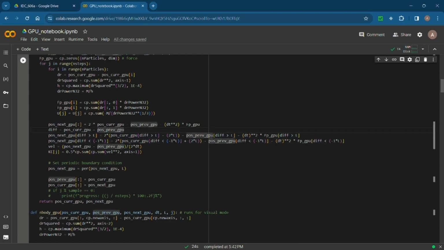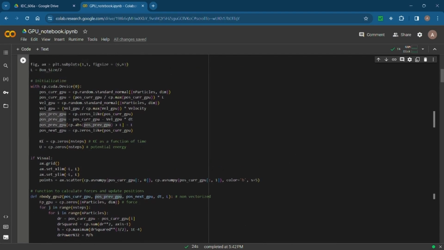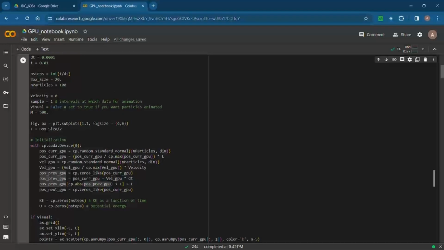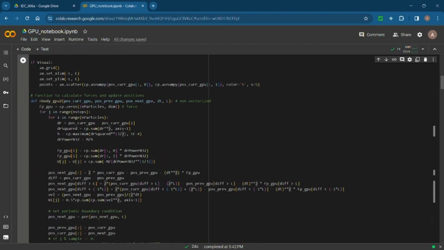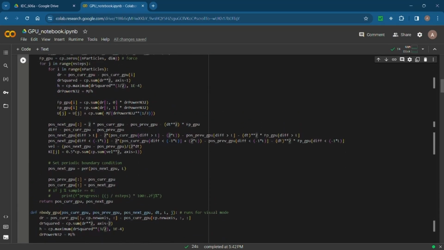This diff variable is the current minus previous. If a particle were to cross the boundary, the difference between the current and previous will be above L. L is set as the box length by 2, so if the box size is 20 here, L is 10. If this difference is above 10, it means a particle has actually crossed the boundary and come from the left side, so we need to deal with this case specifically.